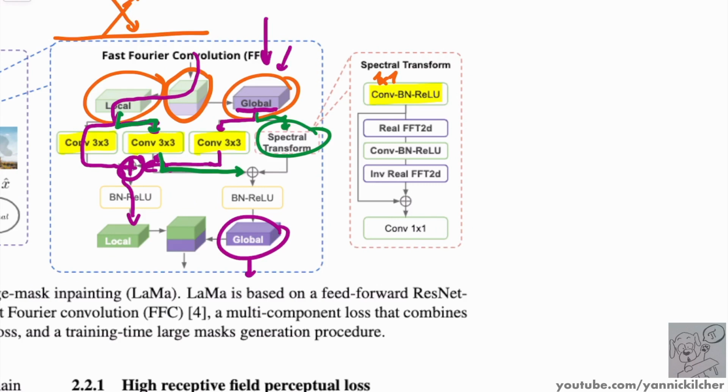And then what we do is we do a fast Fourier transform in 2D. And at the end of the block, we're going to invert that. So fast Fourier transform to operate in Fourier space, and then invert the fast Fourier transform at the end. And inside of it, we're going to do a convolution batch norm ReLU block right here. So the convolution, again, that's a 1x1 convolution, I believe, followed by batch norm, followed by ReLU.